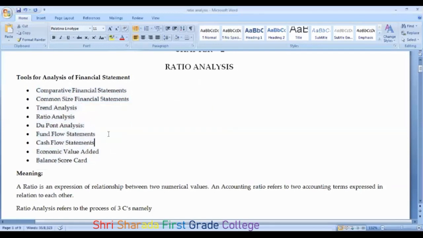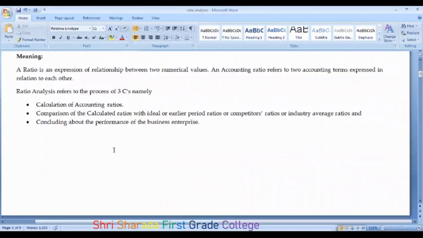Out of these, for your syllabus you have the comparative financial statement, common size financial statement, trend analysis, ratio analysis that we'll be discussing, and the fund flow as well as the cash flow statement. Clear? So we will go to the meaning of ratio analysis, and we shall see that today.